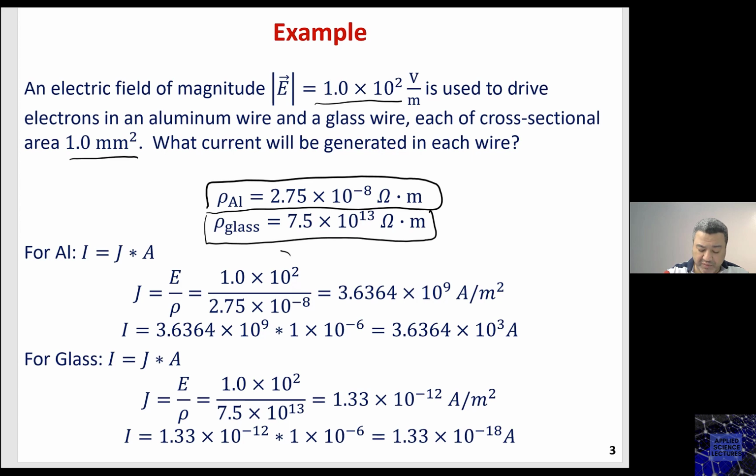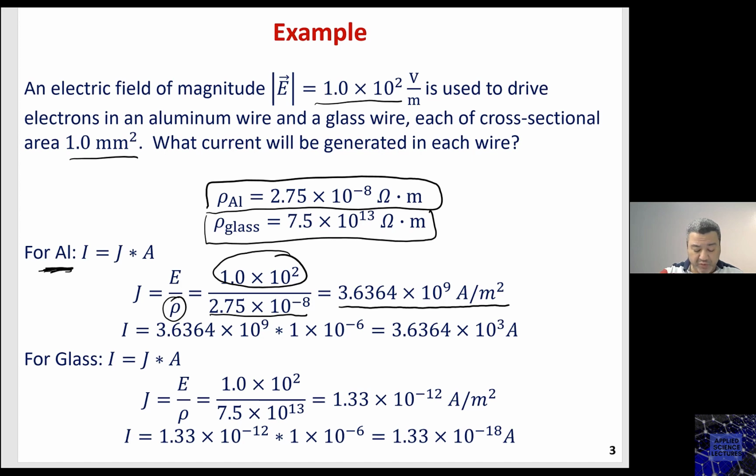I know the electric field, 100. I know the resistivity here, and I'm doing it for the aluminum: 2.75 10 to the power minus 8. Then the current density in the aluminum case is 3.6364 10 to the power 9. This is current density per meter squared.